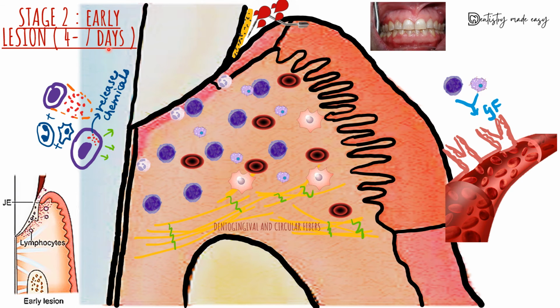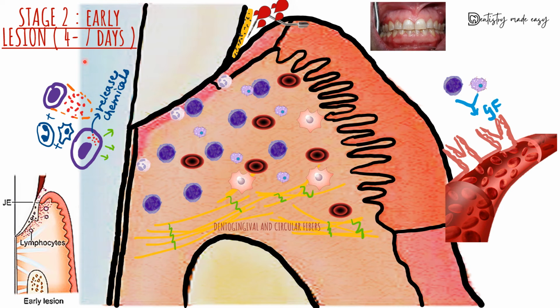Now the next event that you will see in this particular stage 2 is, as we have said, your inflammatory cells try to kill the bacteria. They try to destroy the bacteria by engulfing them through the process known as phagocytosis.